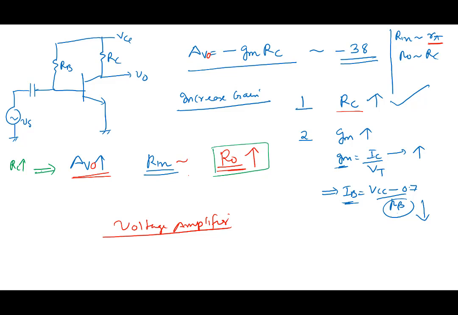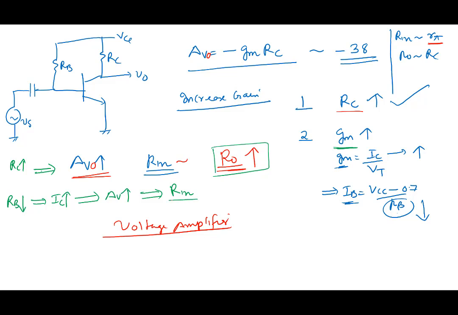What about the second approach? In the second approach, you're changing IC. You're saying I will cause RB to decrease. RB decreasing will cause IC to increase, which will also cause AV to go up. It will also cause a change in Rn.